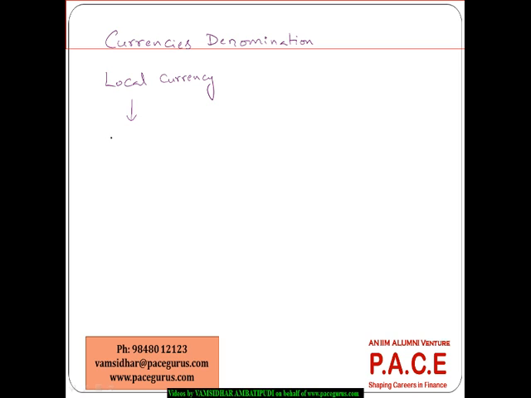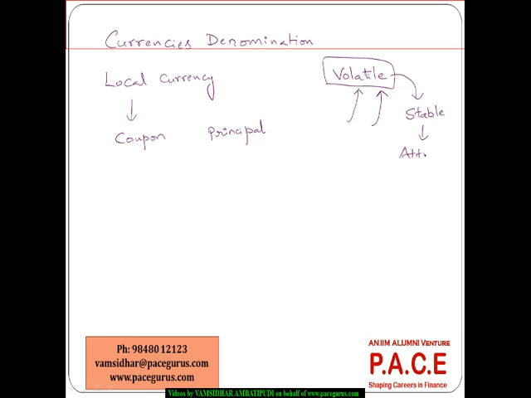But there are a few bonds where the coupon payment and the principal repayment may not be in the same domestic currency, especially for companies where the currency is very volatile, very much fluctuating. Investors may not invest in countries whose currency is fluctuating heavily. So these companies can resort to issuing the bond in a particular currency which is much more stable, and because of that stability it can attract more and more investors.